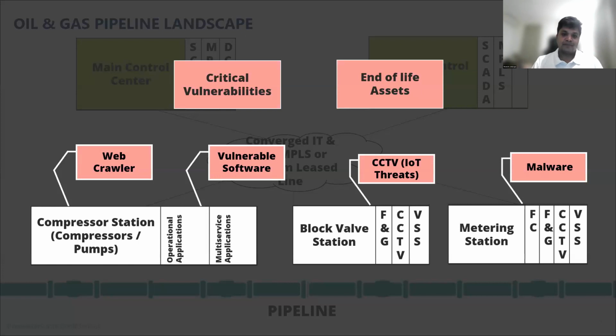The one is having an architecture wherein you have the network itself segmented into different zones, and these zones can be either by geographical region, or these zones can be very specific as virtual networks within the compressor station, within the block wall station, or within the metering station itself.